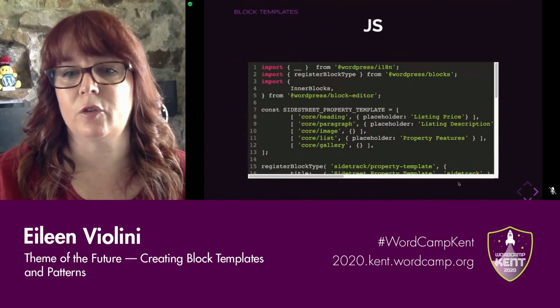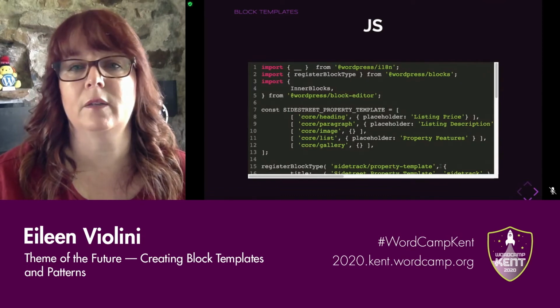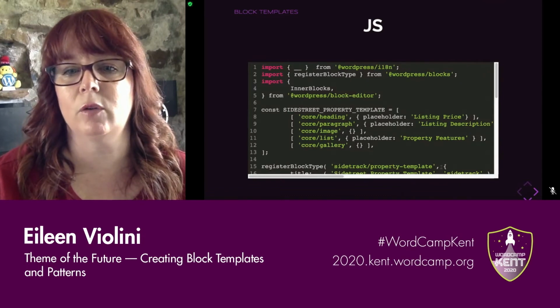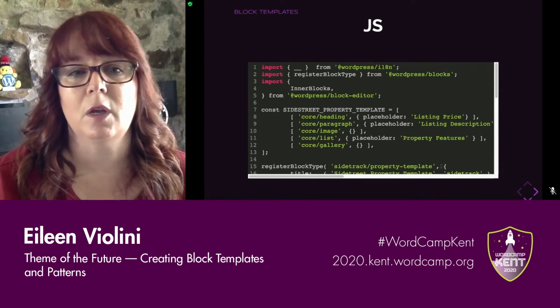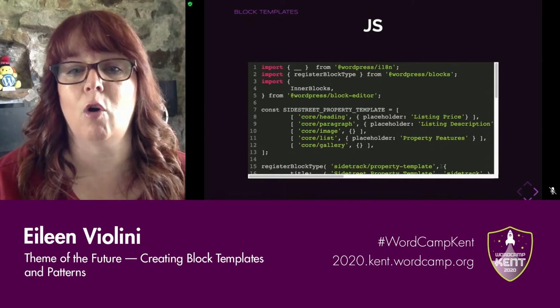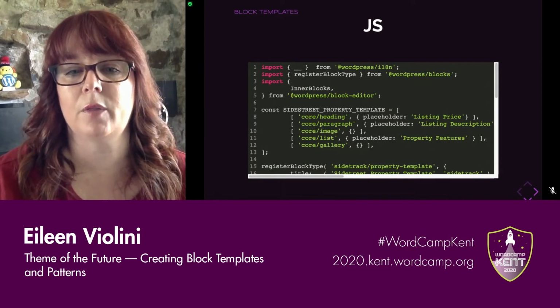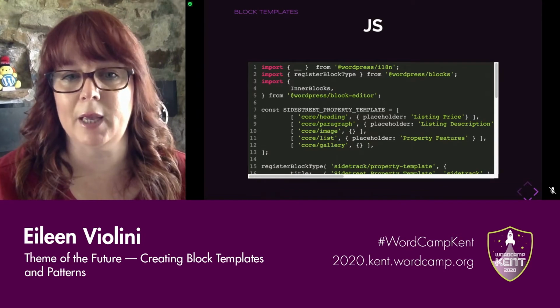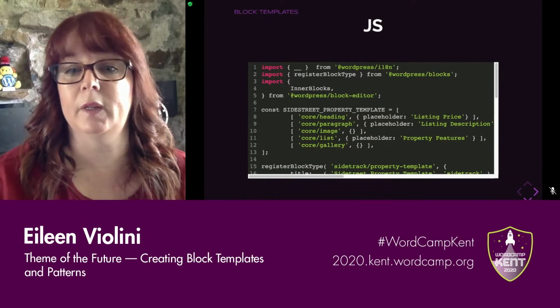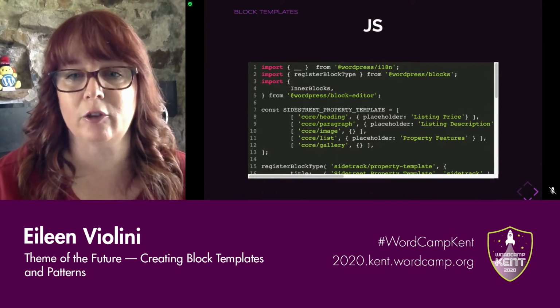So in JavaScript, and this is what makes it really exciting, that same array or list of blocks that are all nested together, we can use within JavaScript to create our own block. So a block that appears in the block inserter that you can add to any page. This would be really handy for a call to action.